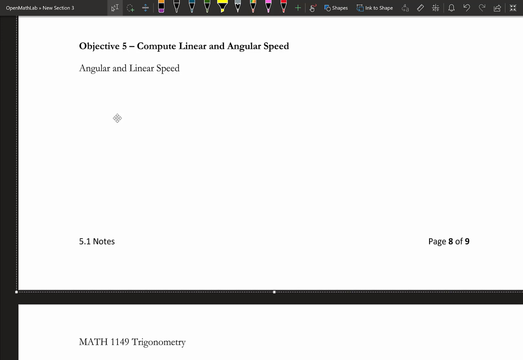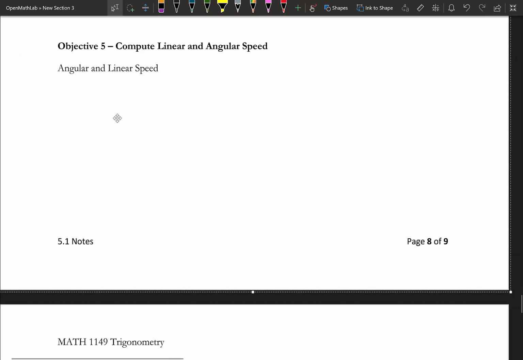All right, so we have 2 objectives left to cover. The next one is objective 5, which we want to compute linear and angular speed. And I want to try to help demonstrate the distances between the two. Right.